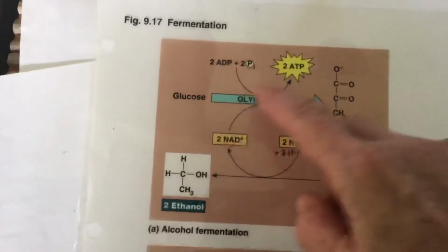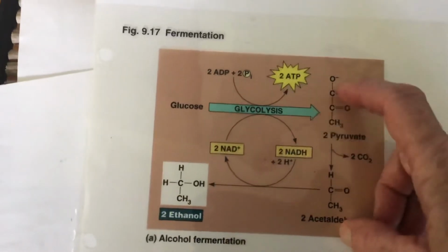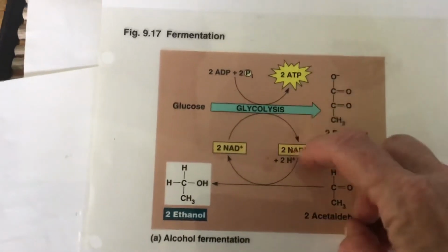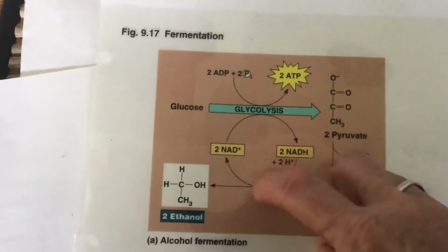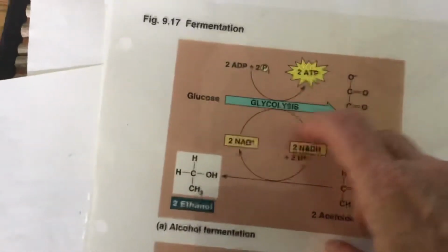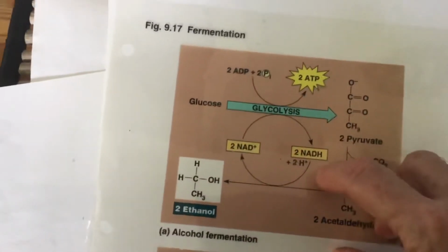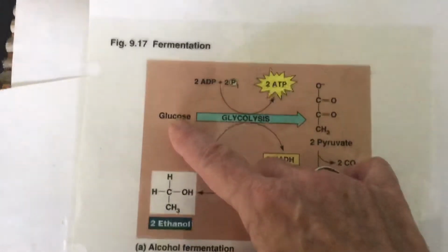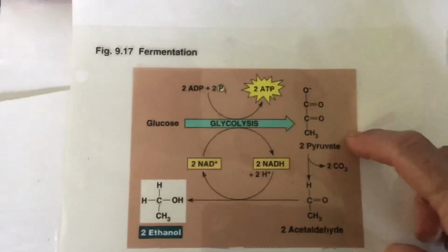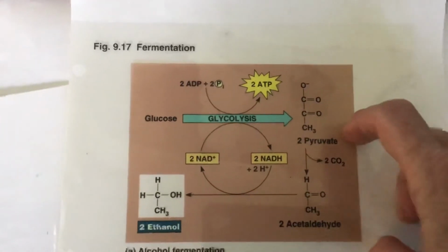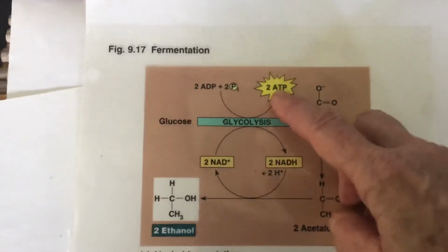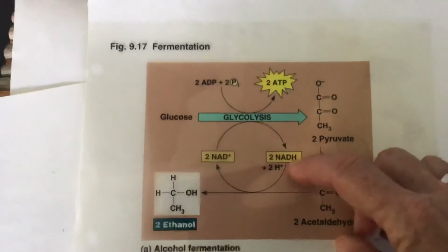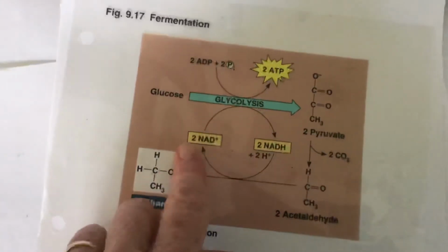And in order to keep this fermentation process going, what I really have to do is generate some NAD again, because remember, I'm creating NADH from the process. So glucose is going to be broken down into the pyruvate, just like we talked about. It's going to give me the 2 ATP, the 2 NADH, and if I want to keep running it, I've got to somehow get this NADH back, right?